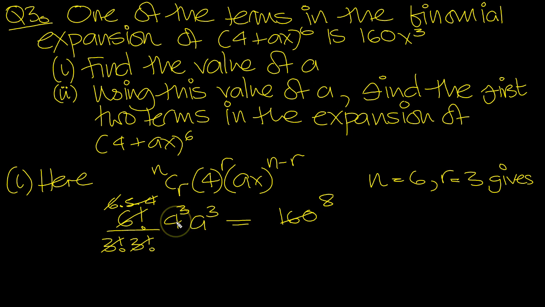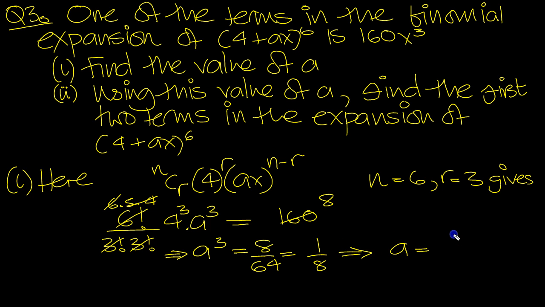This is 4 cubed, so a cubed then, which is 64. Bring that down to divide, times 8 over 64, which is 1 over 8. So cube root both sides, a is equal to 1 over 2, is the cube root.